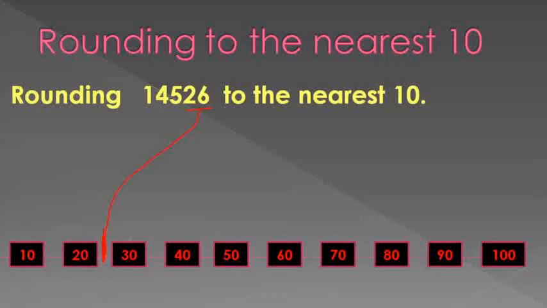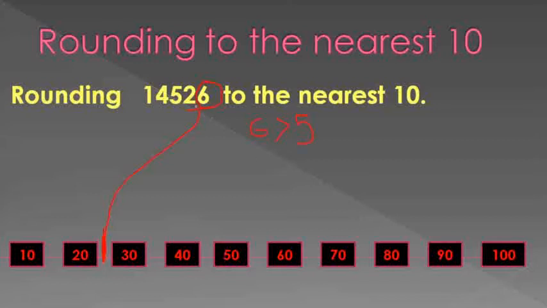Now whether to round up this given number or to round down this number, we just check the number written at the unit place, which is 6, and you know that 6 is greater than 5.